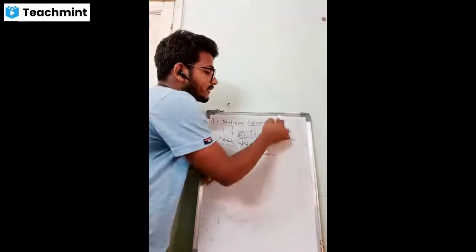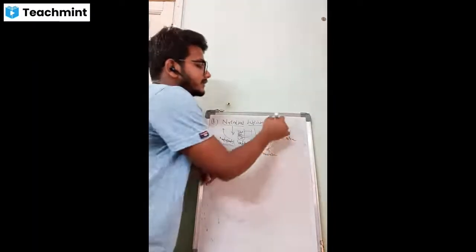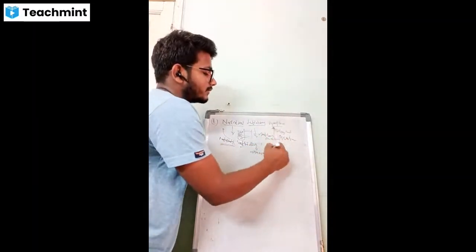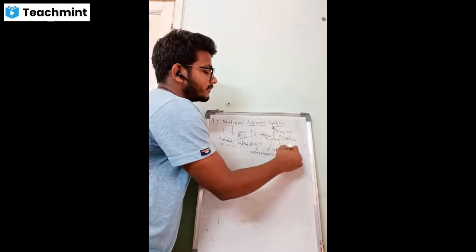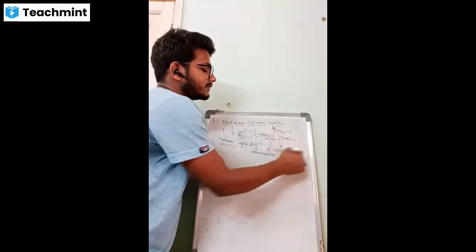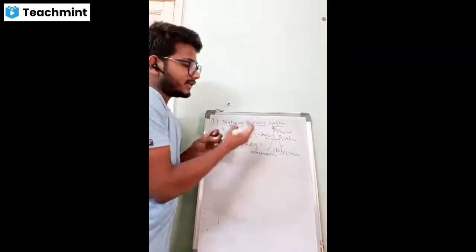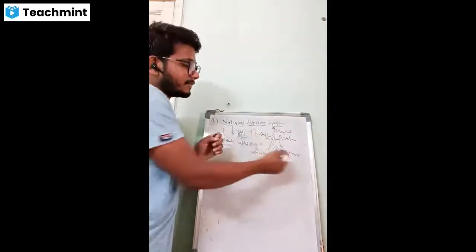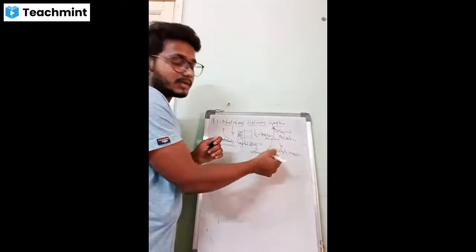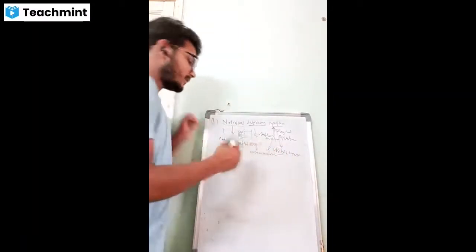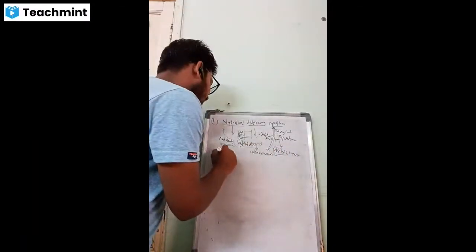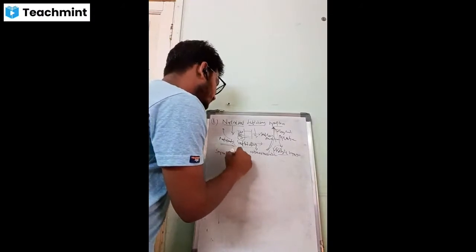So the symptom will arise. Symptoms are mainly visible symptoms. We can identify a nutrient deficiency by seeing the visible symptoms. So mainly, what are the symptoms we observe? What are the common symptoms?